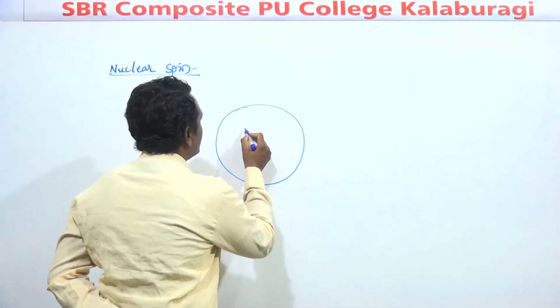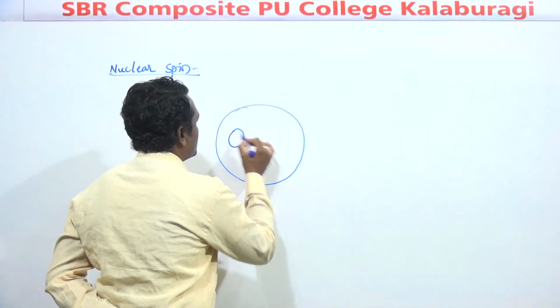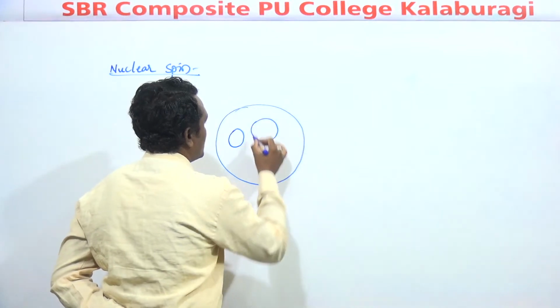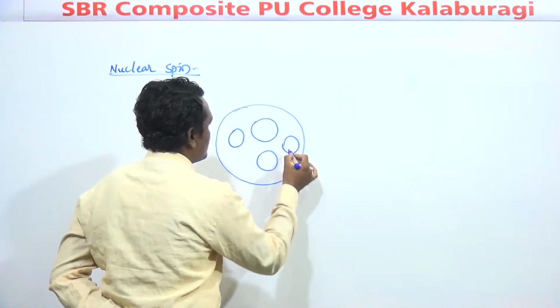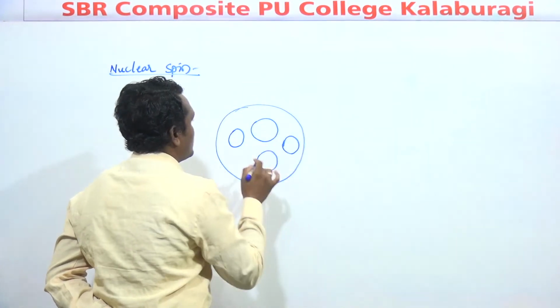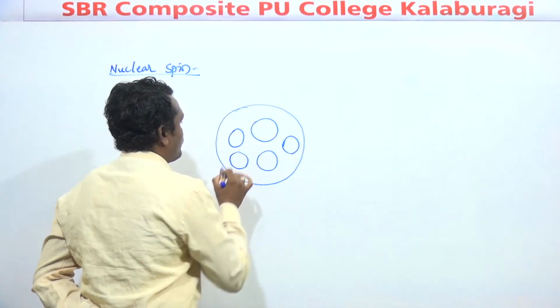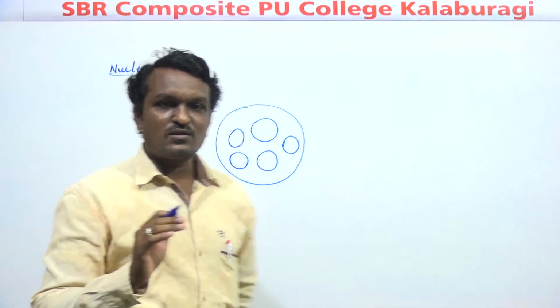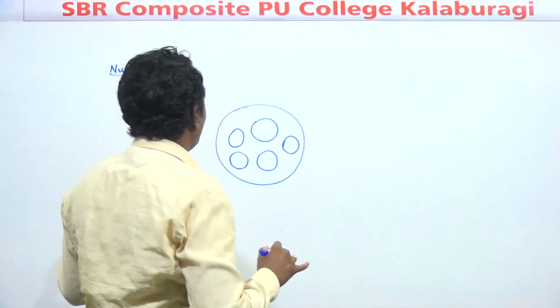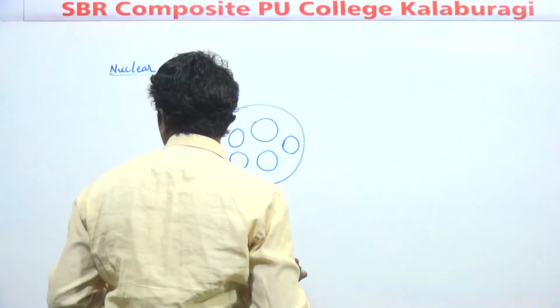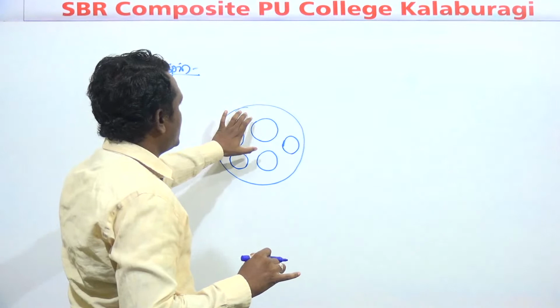Inside the nucleus, we have nucleons, say these are the nucleons, and the distribution of these nucleons is not uniform.